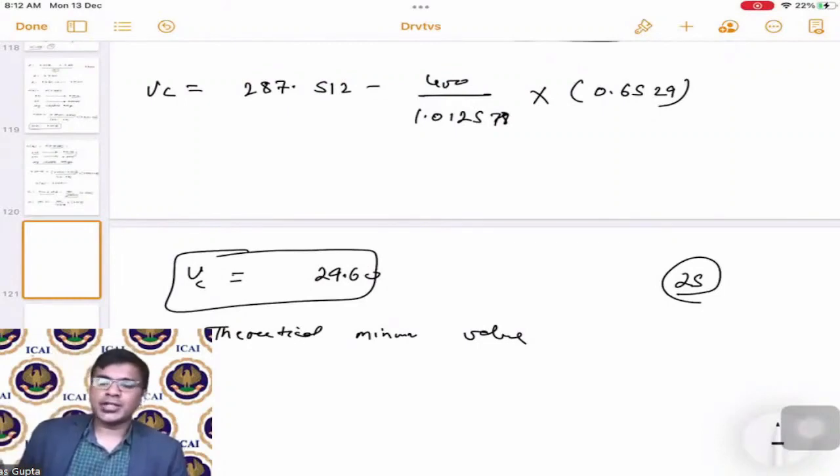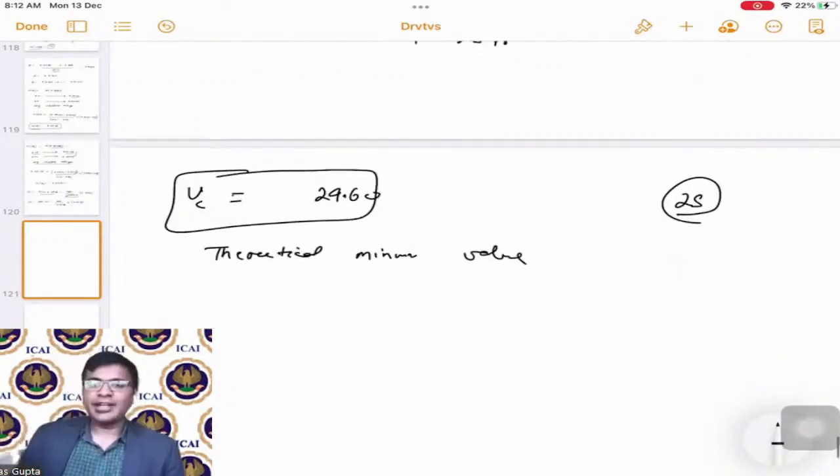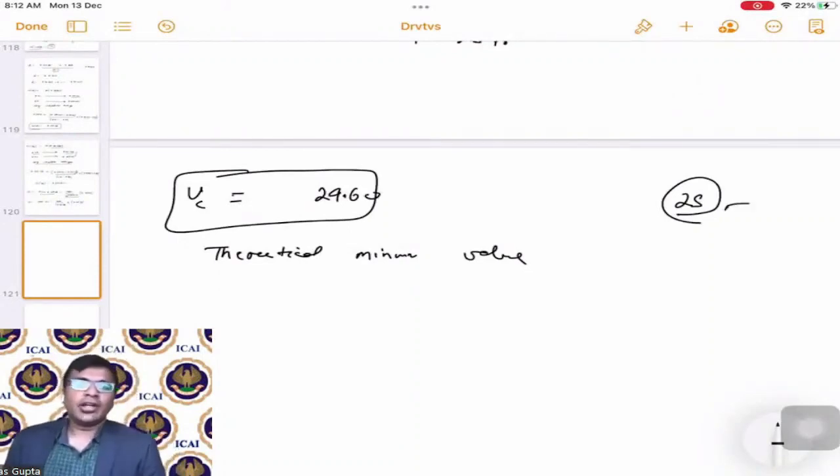So, what do you suggest? It is overpriced, it is underpriced, or what? It is definitely underpriced, because in the market it is available at 25. So, you will go and purchase this, correct?